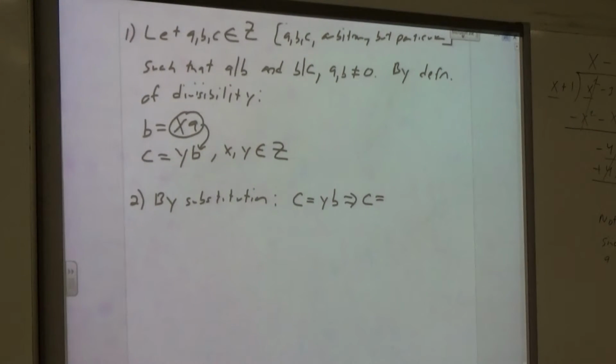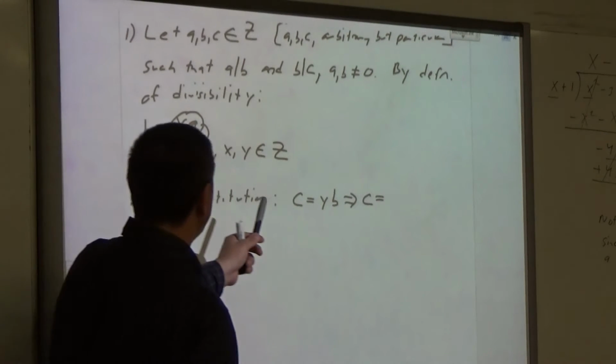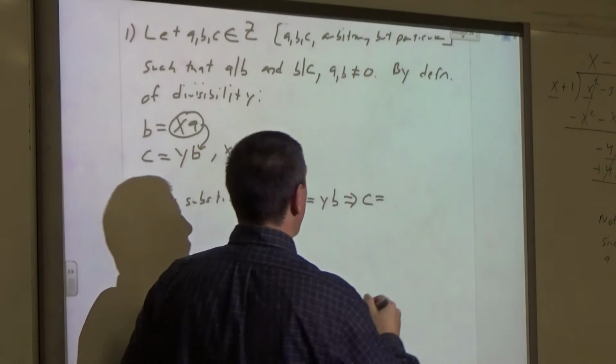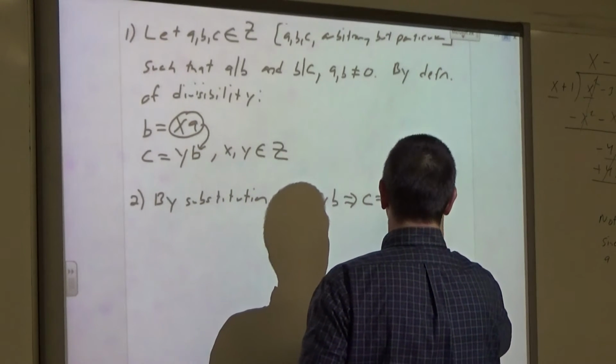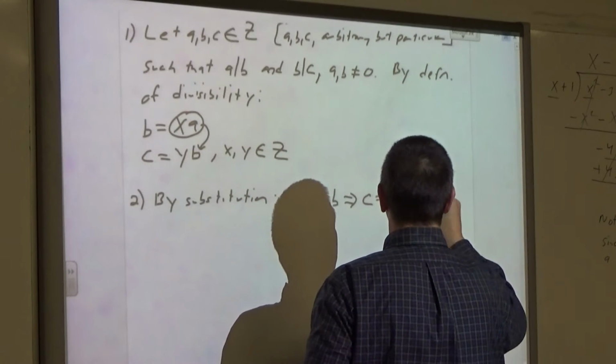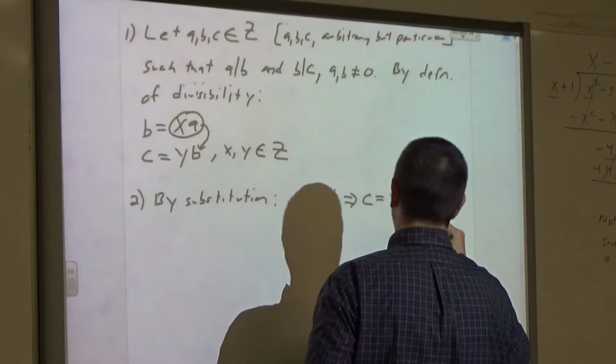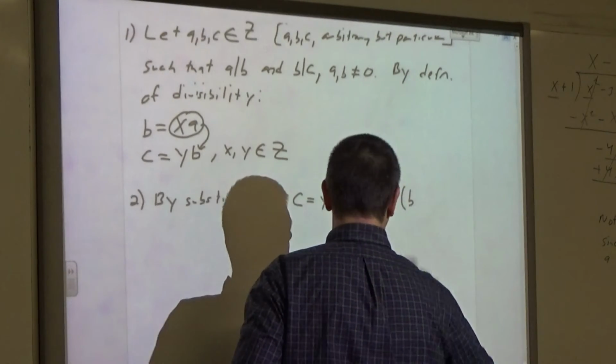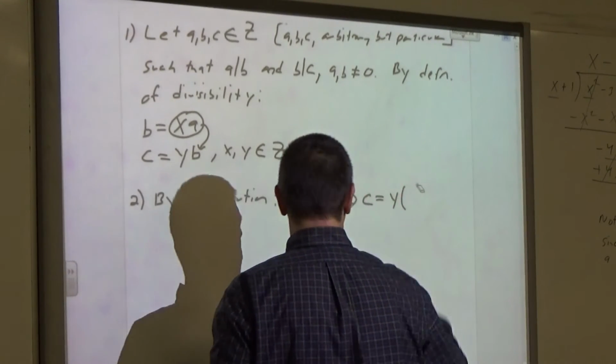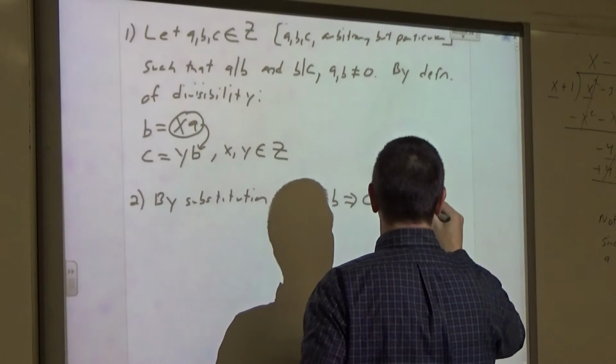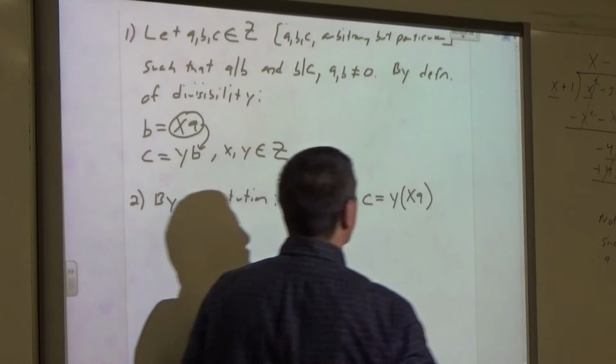So we can just go ahead and substitute there. Okay? So, we're going to say that C equals YB becomes C equals Y times XA. We're just substituting back in for this YB right here. So this is XA. Is that clear to everybody, guys?